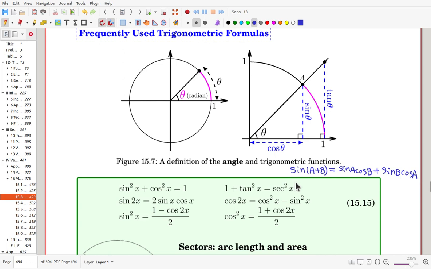That's the formula. And for cosine, cosine of a plus b is cosine a cosine b minus sine a sine b.